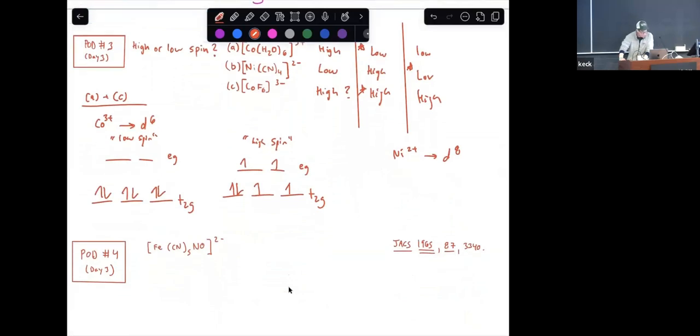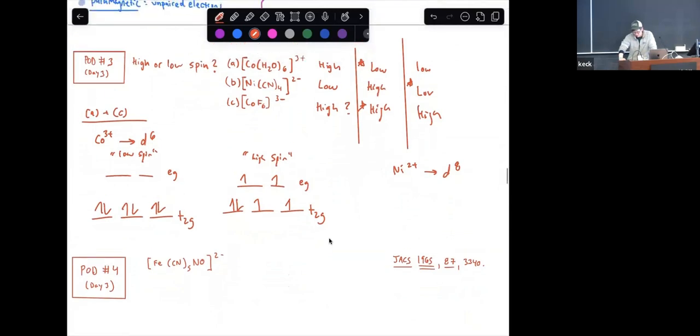Okay, let's consider now problem of the day number 4. This combines two things that we're trying to learn on the fly, which is this high spin, low spin, ligand field strength analysis, and then our dreaded nitrosyl ligand.